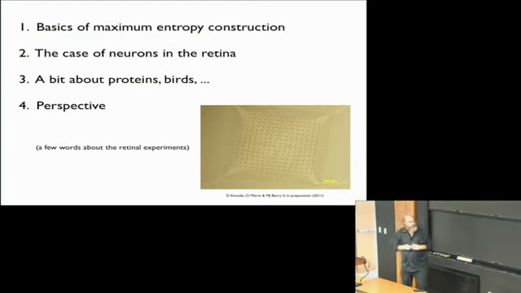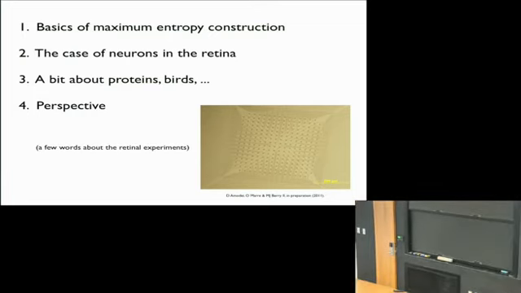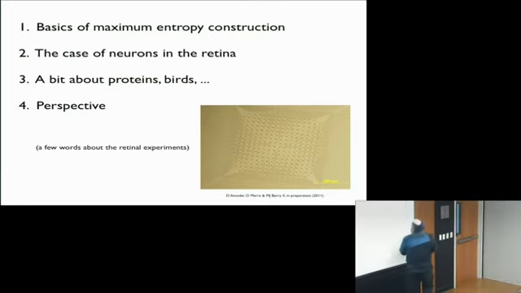But there's been a big push over the years to record from more and more neurons at the same time. And there are different technological approaches. In this one, the idea is that you have the advantage that the retina is more or less flat, and the neurons are projecting out, if you will, the bottom of it. So you take it out of the animal and you lay it down on an array of electrodes.